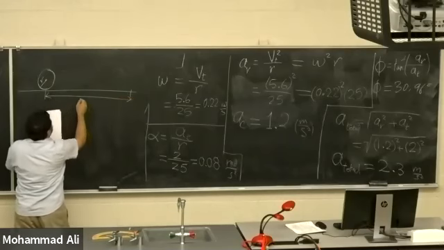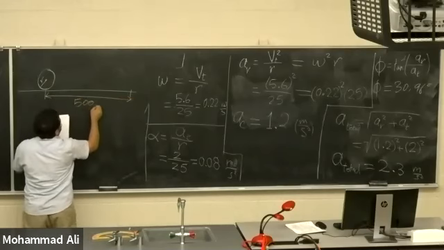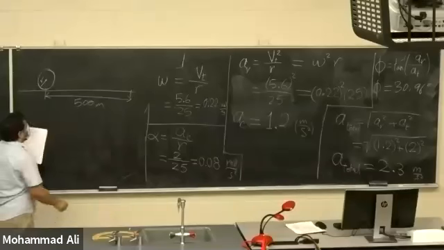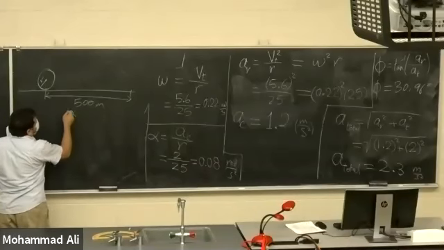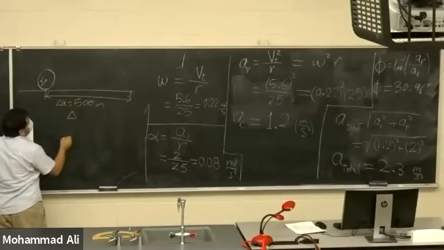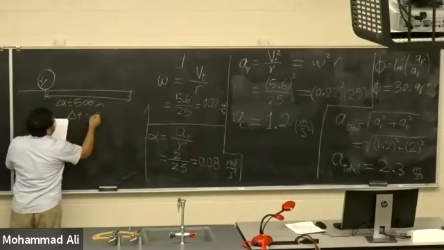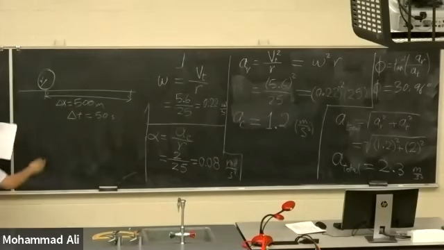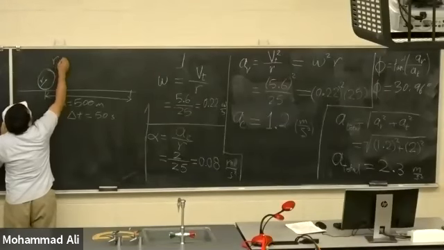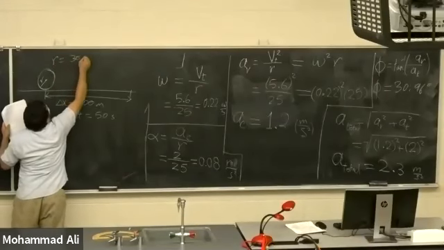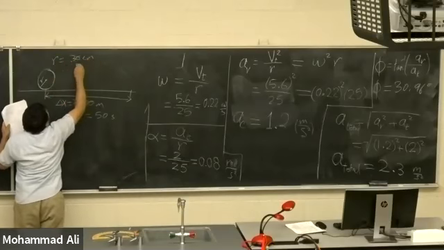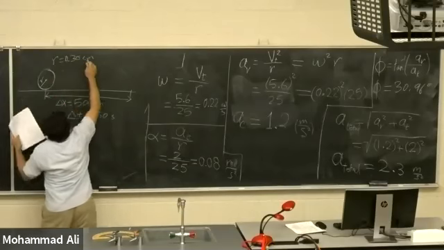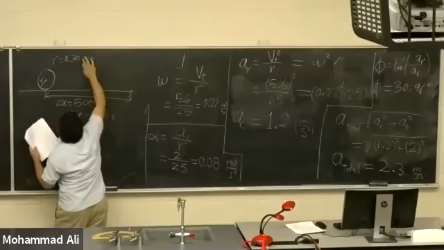This distance is 500 meters, which is delta X, during a time of 50 seconds. And the radius is 30 centimeters, or 0.3 meters.